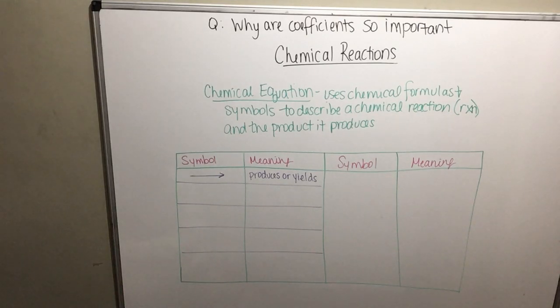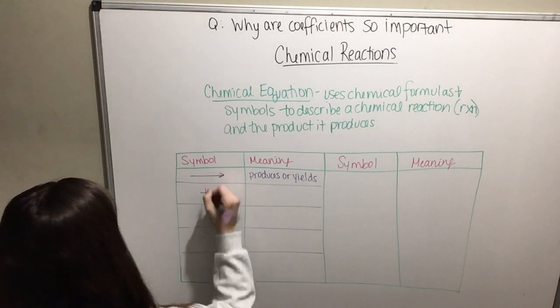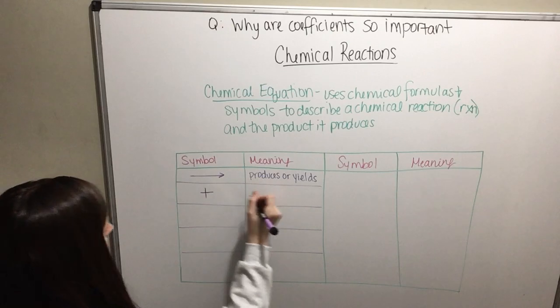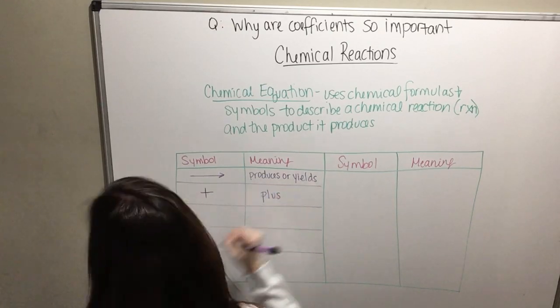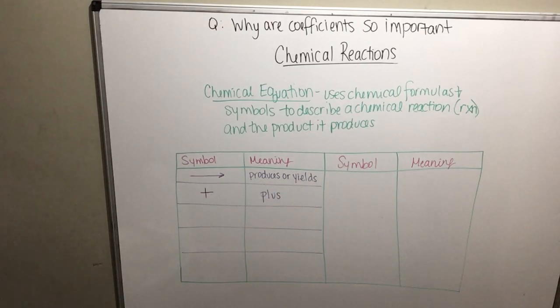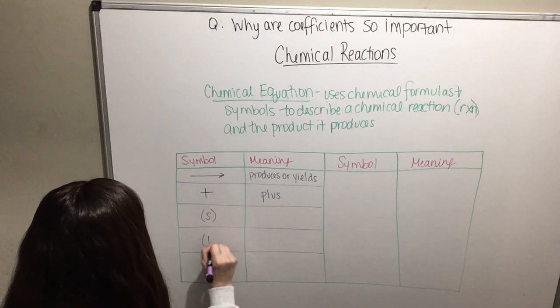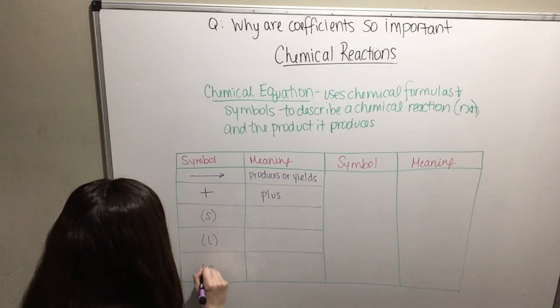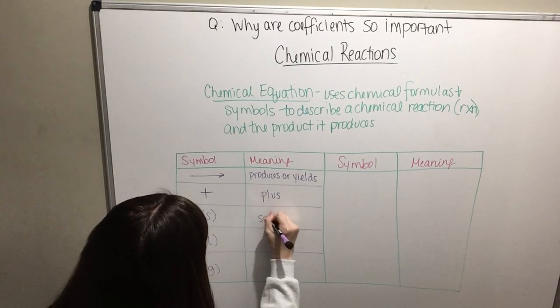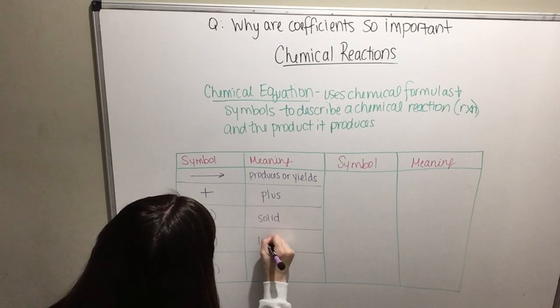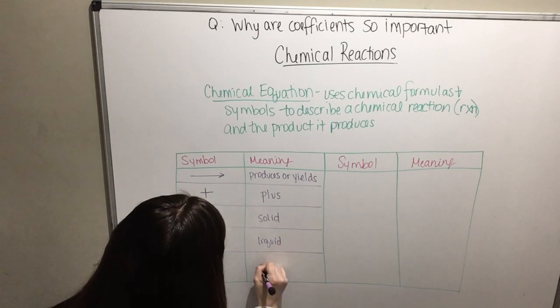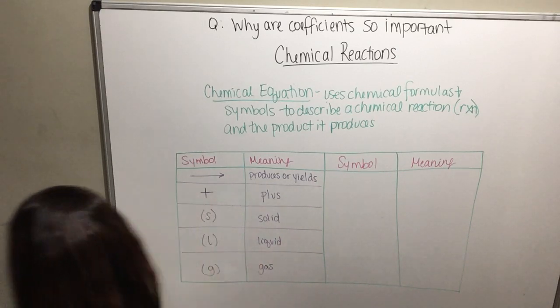The next one is plus, a plus sign. It literally means plus, just like in math, like you're adding something together. If you see an S in parentheses, an L in parentheses, or a G in parentheses, it means solid, liquid, gas.